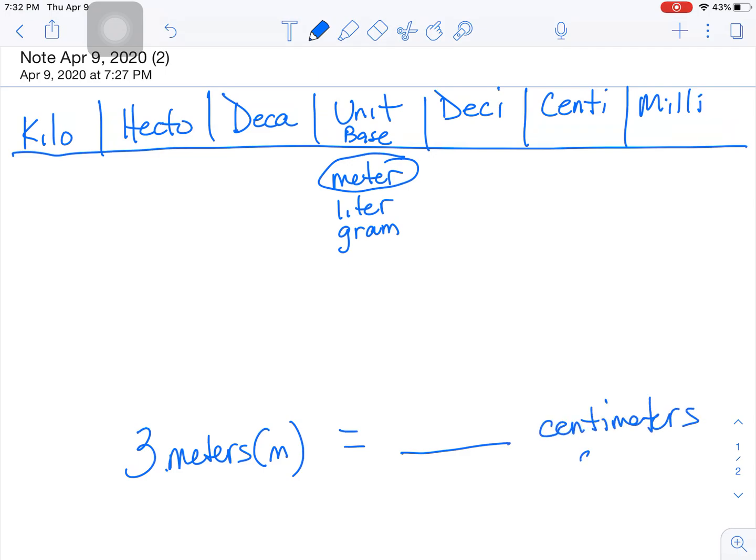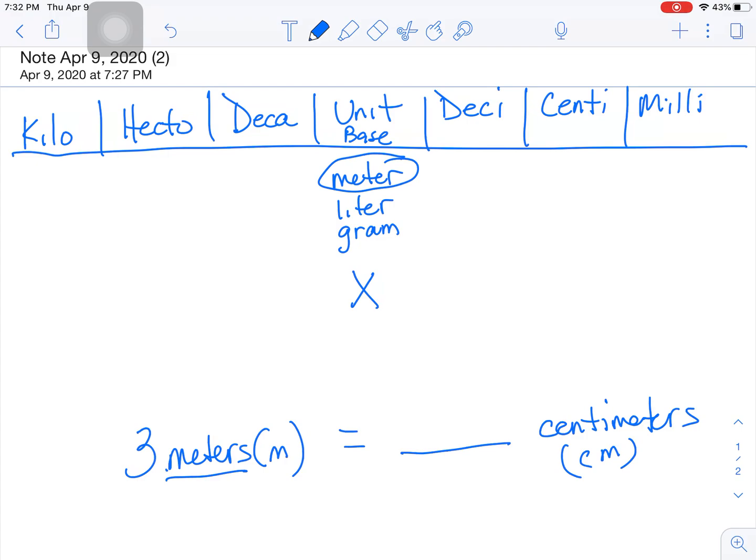And centimeters, just so we get used to it, could be a cm, okay? So if I had 3 meters, I would be thinking of that as my base or my unit. So I'm thinking that I'm here, all right? I'm going to, for now, just put an X there because I think that's easiest to think about.